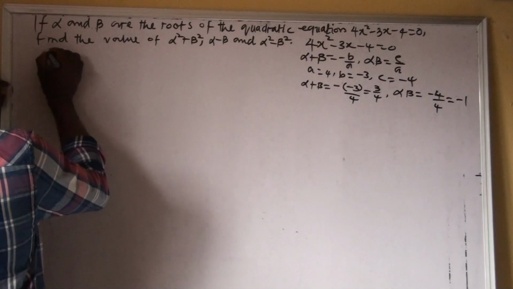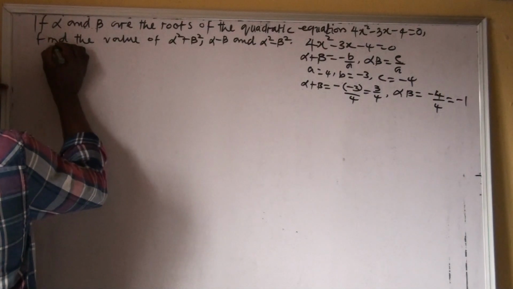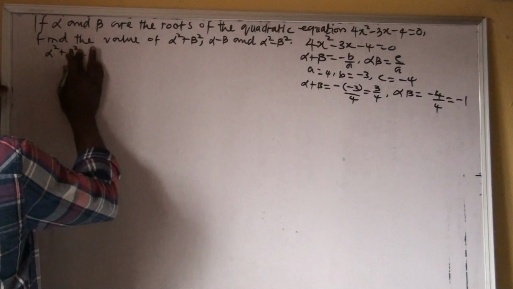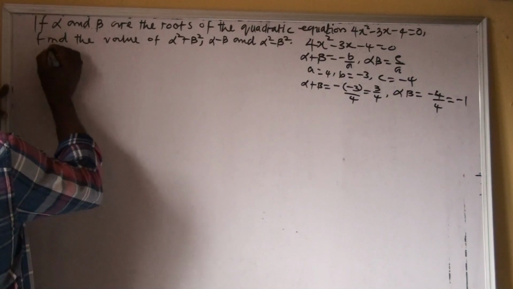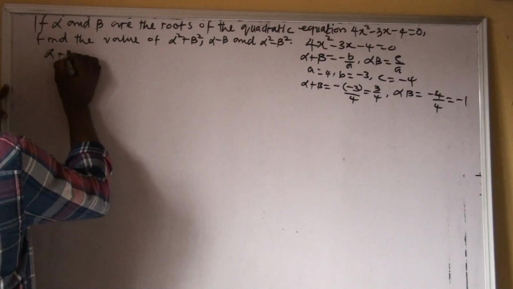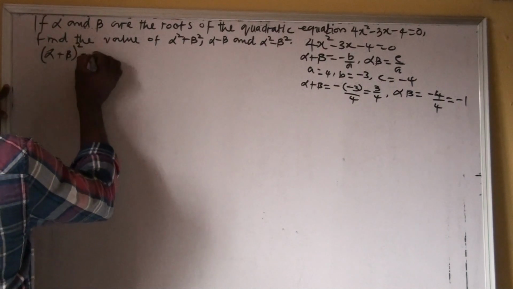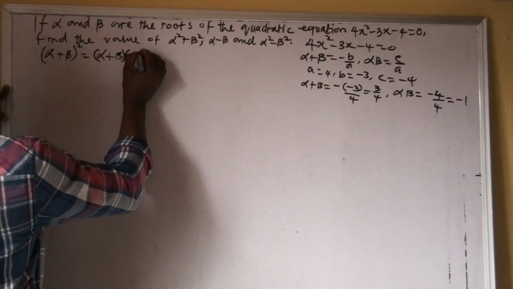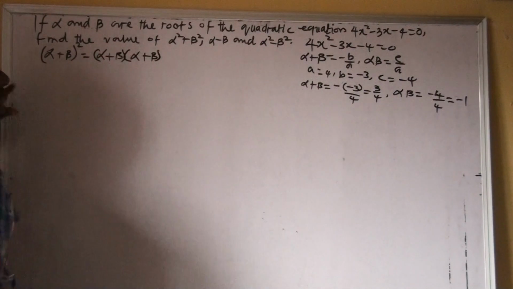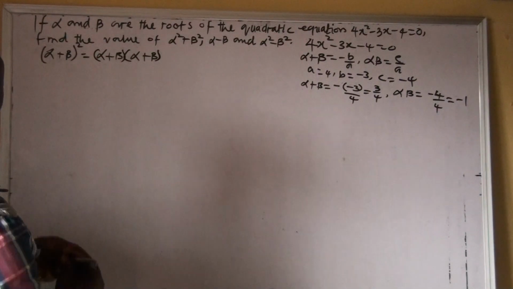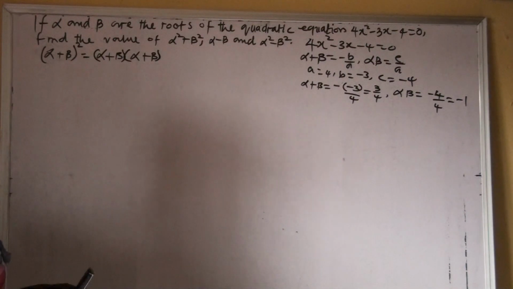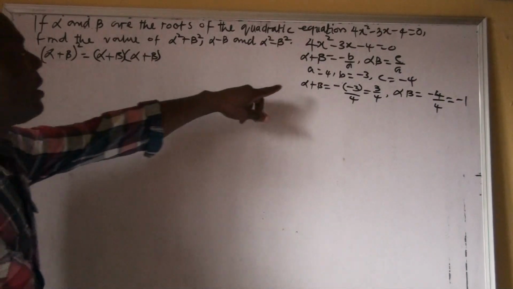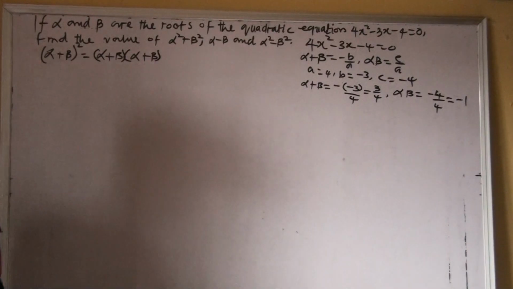We can express it from algebraic form as alpha plus beta all square, which simply means alpha plus beta, open bracket, alpha plus beta. We'll use this algebraic manipulation to establish the formula for this, so that this term can be obtained from here.